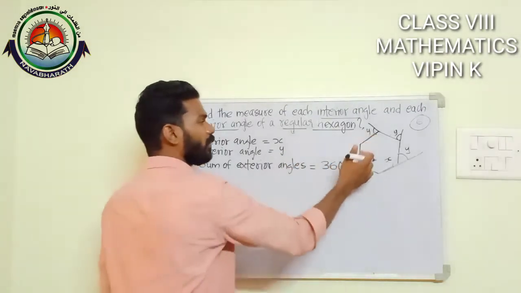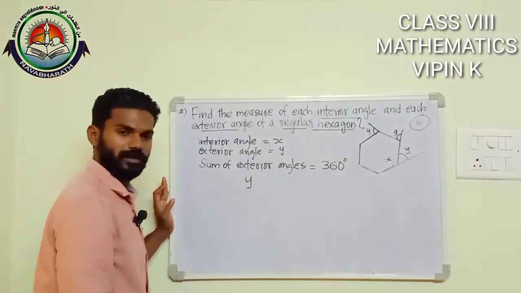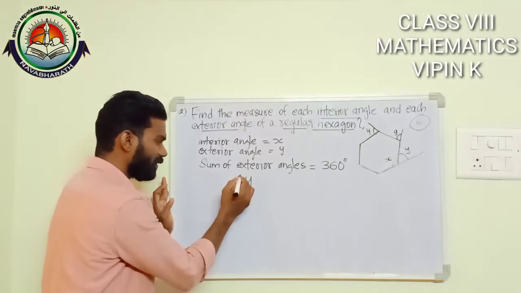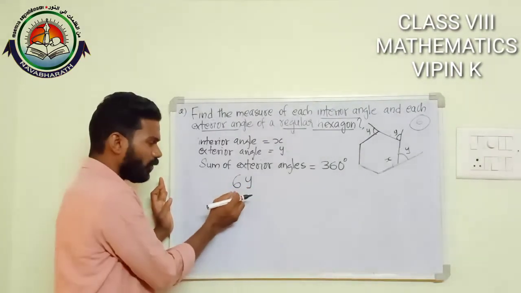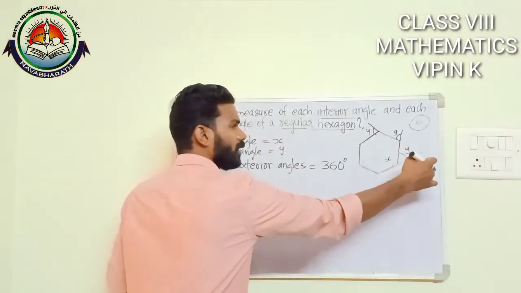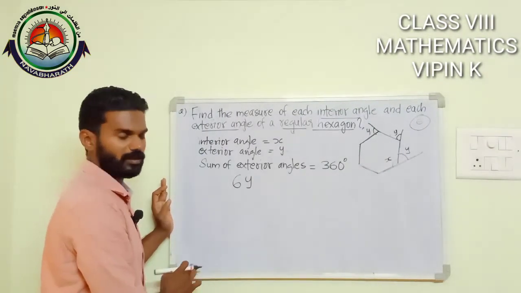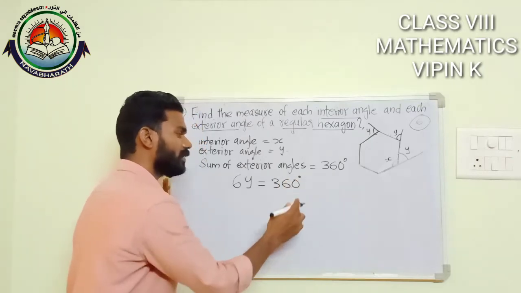Here it is a regular hexagon and all the angles are Y. How many such exterior angles would be there? There would be 6 such exterior angles. So the sum would be 6Y. Y plus Y plus Y plus Y plus etc. How many Y's? 6 Y's would be there. And that 6Y would be equal to 360.